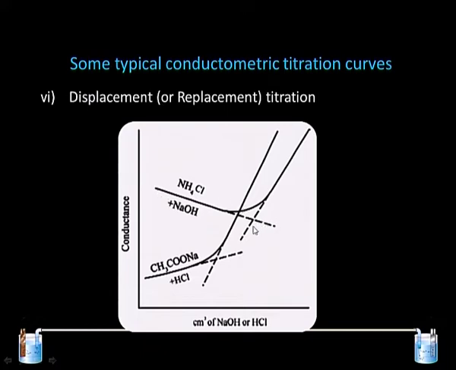After reaching a certain point, there is a further increase in the conductance, which can be seen from this. So, basically one ion is replacing the second ion, and due to their difference in mobility, they bring about this change, which can be easily monitored using conductivity measurement.